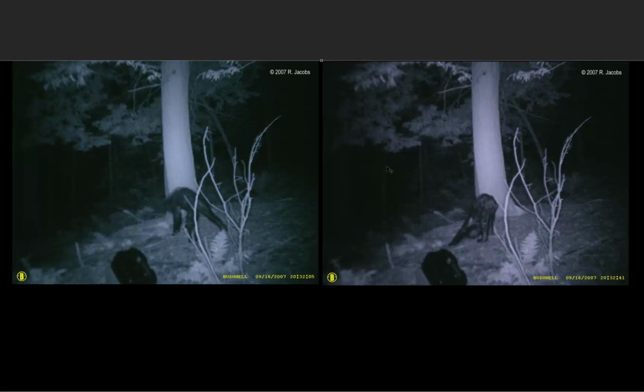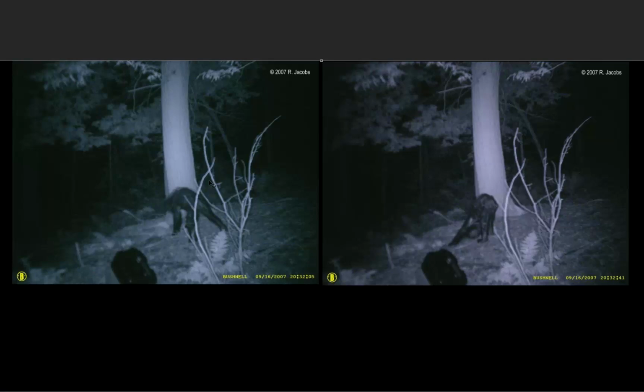So let's take a look at the Jacobs photos. As you can see from the timestamps, we have one taken at 8:32:05 and 8:32:41, and it's also clear from the images, which is, well, not clear, but you can kind of guess that this one here is first and this one is after.